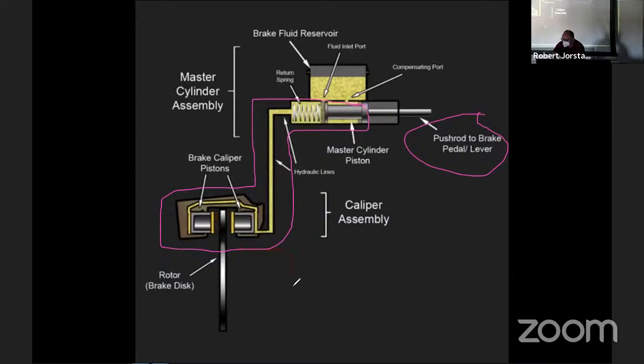You push on one piston that causes some other pistons to press against the rotors or your brakes. So the brake caliper pistons are pressed against the rotors when you push a cylinder and apply this hydraulic system. I think that's slightly interesting.